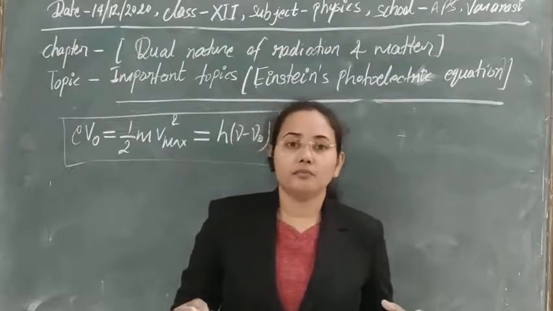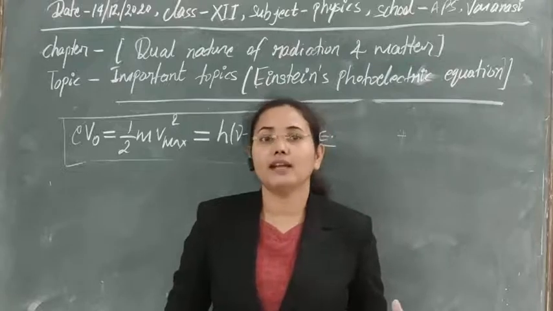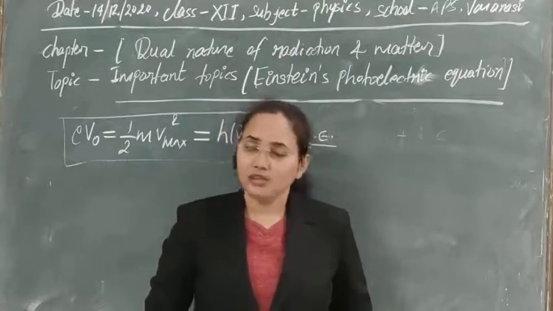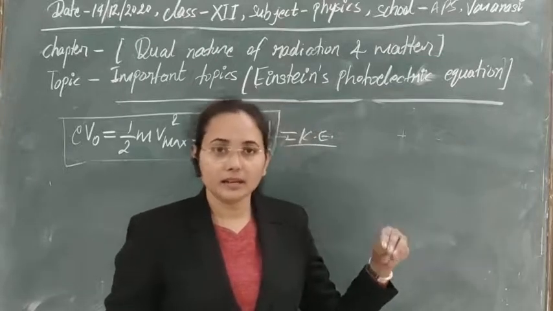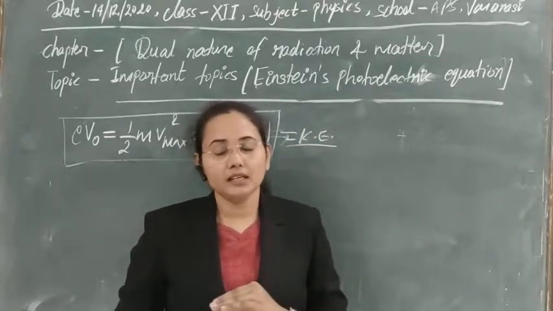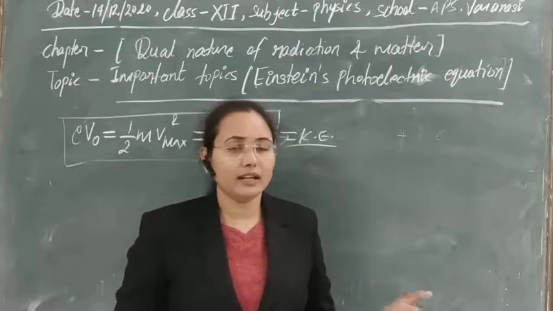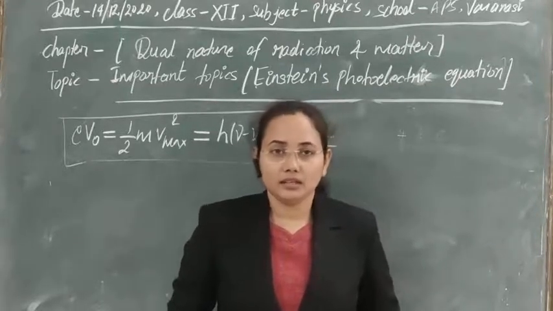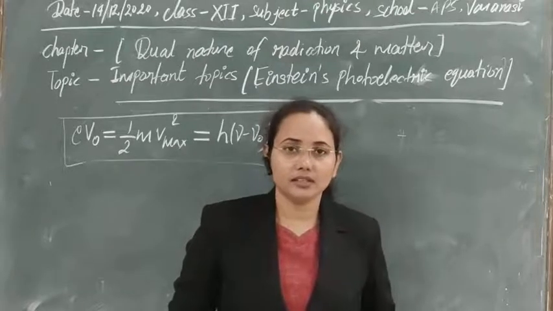As there is perfectly elastic collision, there is no delay in taking the energy and removing the electron from the surface. So at the same time we get the photoelectric current whenever the radiation is incident on it. Okay?